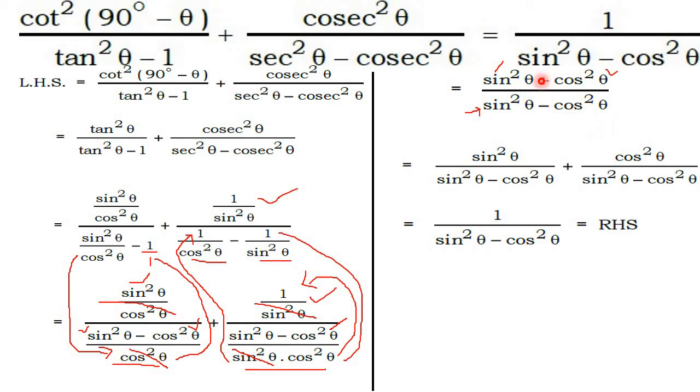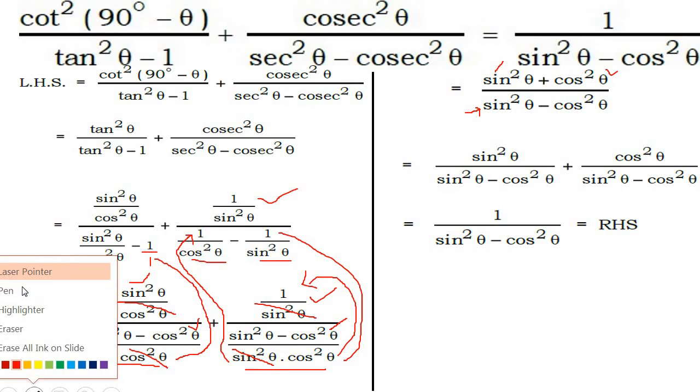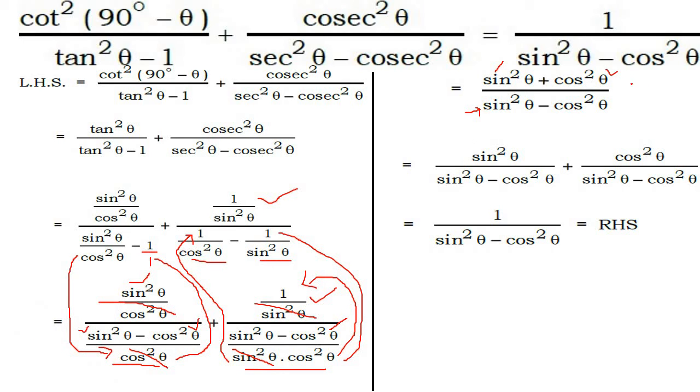Now sin square plus cos square, we can split. So here sin square theta plus cos square theta is equal to 1. Therefore, this can be written as 1 divided by the denominator as it is.